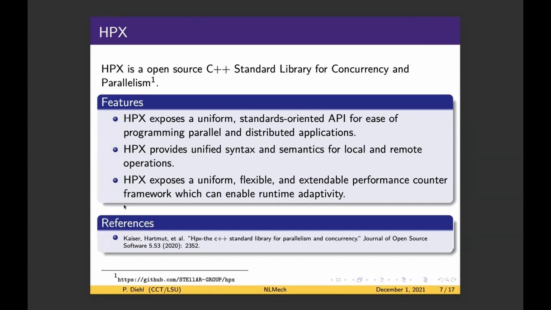Then you just have to make a few changes in the code and you can run everything we're running on one node on thousands of nodes, and you do not have to handle MPI and all these tools. We also have a really flexible performance counter framework, which I will show you later. And again, here we have a paper in the Journal of Open Source Software, where we have a brief overview of HPX and a lot of references if you're interested in some of the topics.